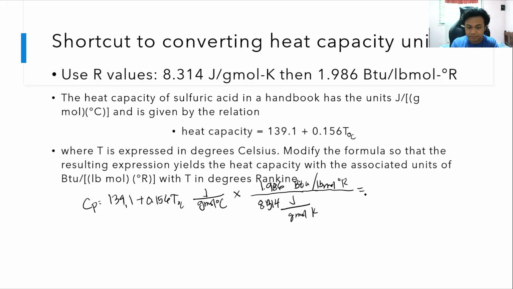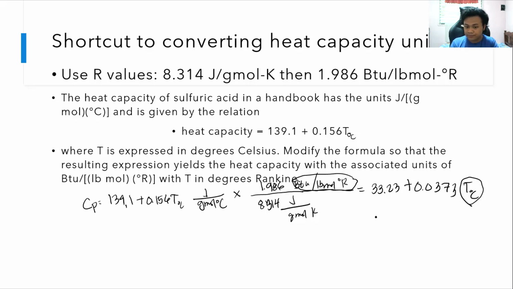So as you can see, if you multiply that, the resulting expression will be 33.23 plus 0.0373 T_C, and that has the units of BTU per pound mole per degree Rankine. Then we have to convert this degrees Celsius to degrees Rankine.